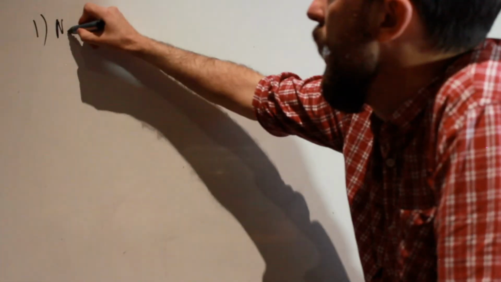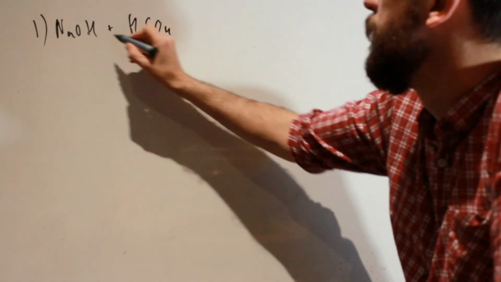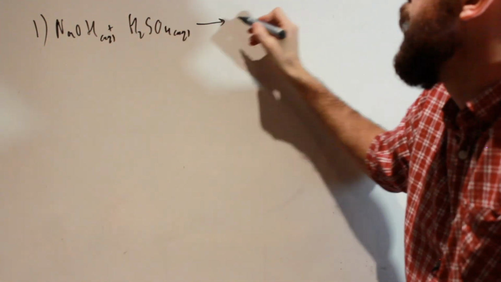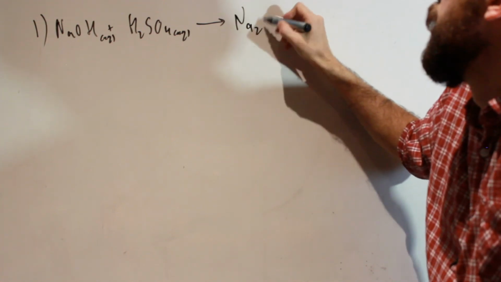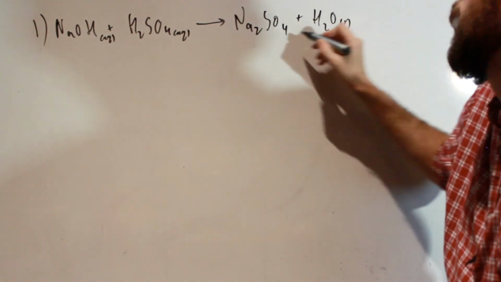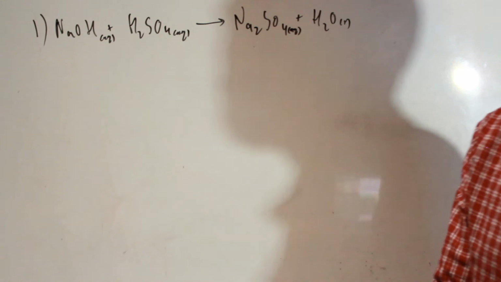We have sodium hydroxide plus sulfuric acid, H2SO4, aqueous, aqueous. Acid base, we form a salt, which in this case would be sodium sulfate, and water, H2O, liquid. Let's balance it.